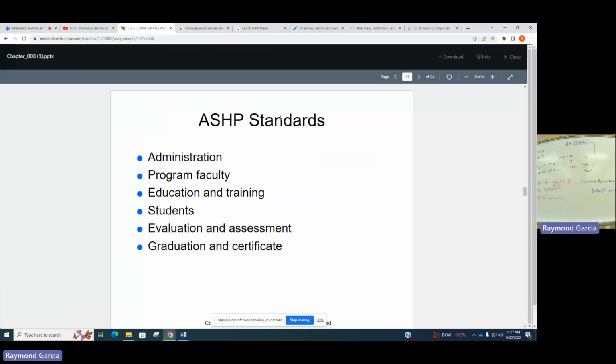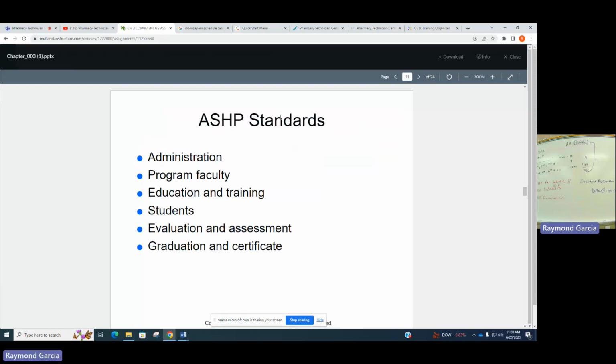PTCB was founded in 1995 by four organizations with the intent of implementing an examination that would certify that a technician has met a basic skill level, which is shown in 3.6 on page 71. The four organizations that founded the PTCB are the ASHP, the APHA, the Illinois Council of Health System Pharmacists, and the Michigan Pharmacists Association.